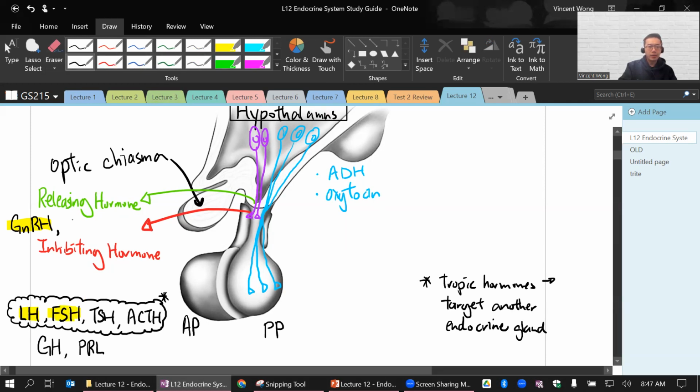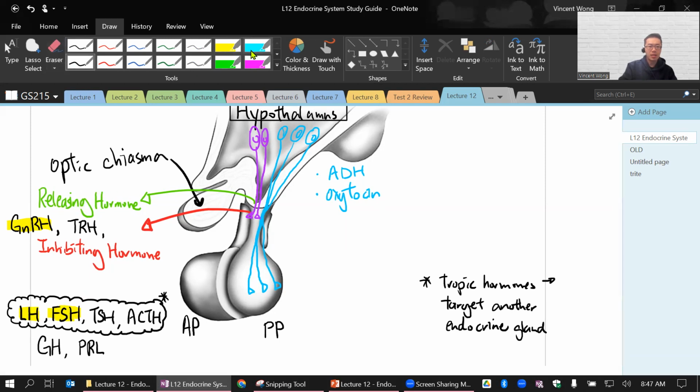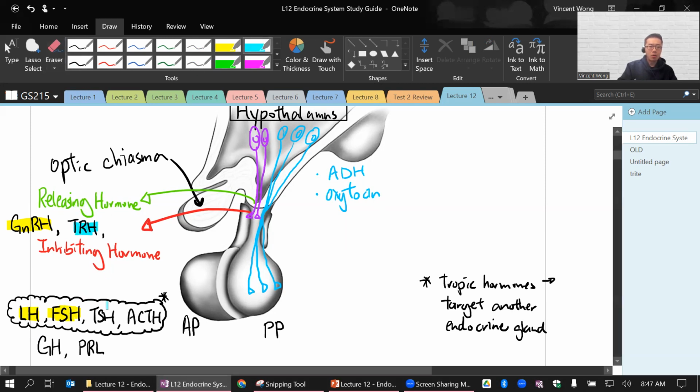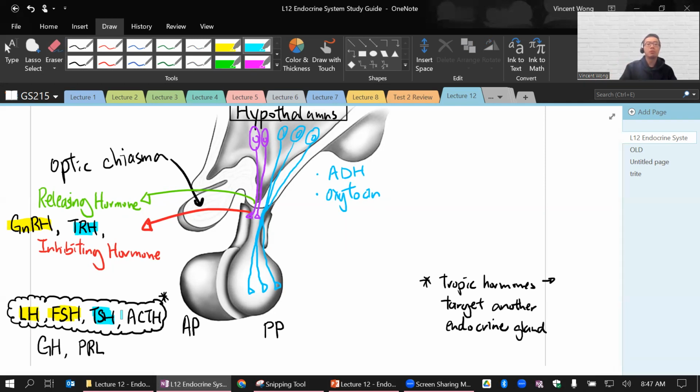Now there is another signal for a different kind of hormone. We have TRH, thyroid releasing hormone. If it ends in RH, you know it's from the hypothalamus. And the thyroid releasing hormone will be the permission for the anterior pituitary gland to release thyroid stimulating hormone.